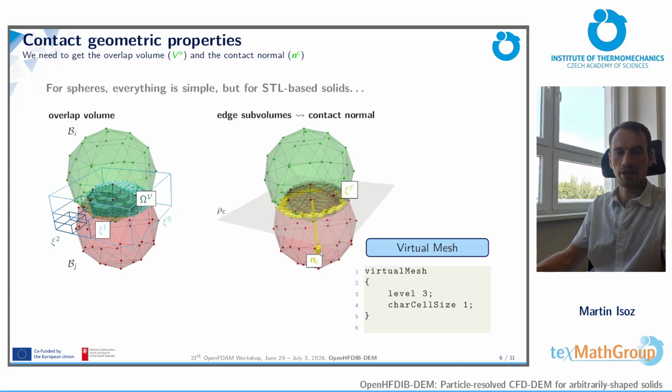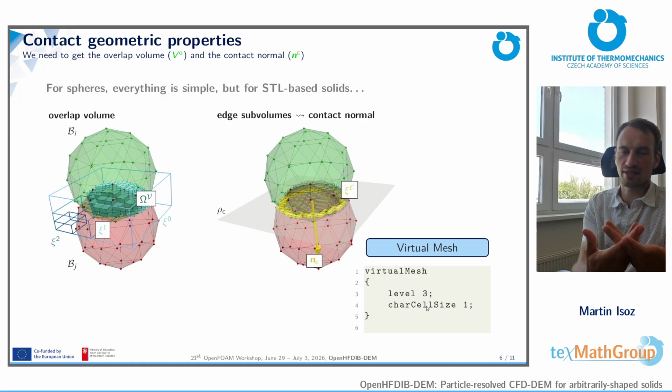If we take a look at how to set this up in our dictionary, we have this virtual mesh entry, and it has two sub-entries, level and characteristic cell size. Characteristic cell size is the standard or reference cell size in your simulation in absolute values. So if your characteristic dimension is 1 millimeter, this is 1 millimeter, and level is to how many refinement levels this characteristic cell size should be refined.